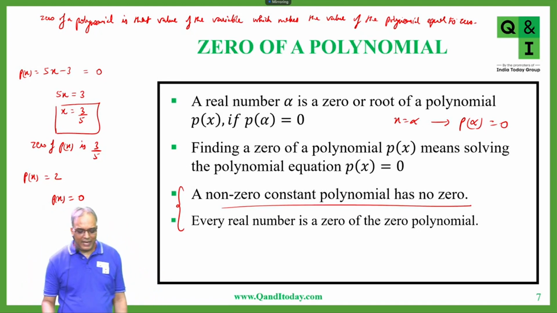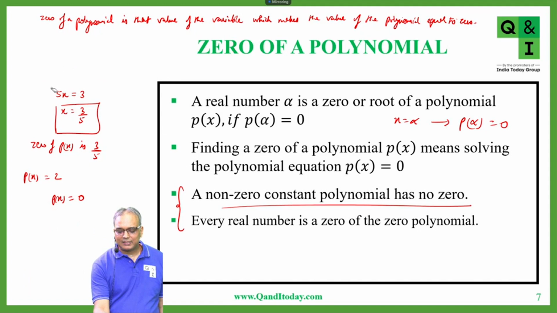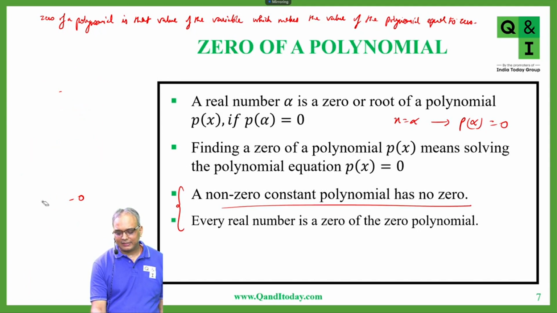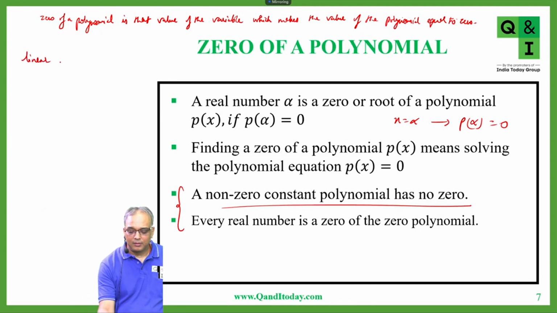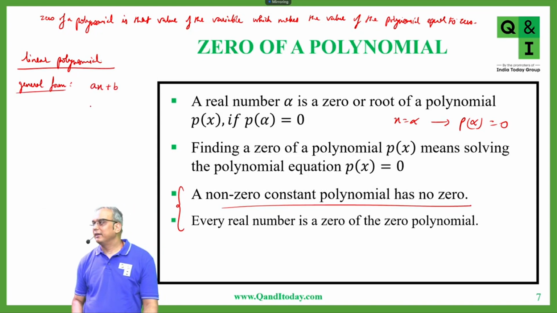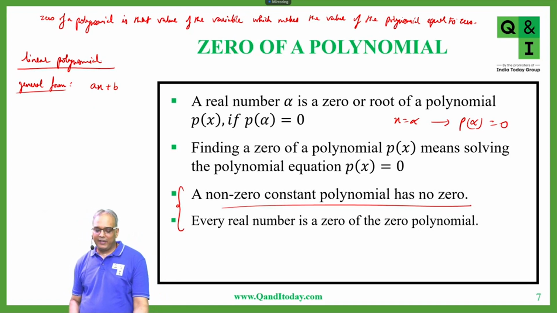Now, let us take one more general case, a linear polynomial. The general form of the linear polynomial is ax plus b, right? Where a and b are constants and x is the variable.